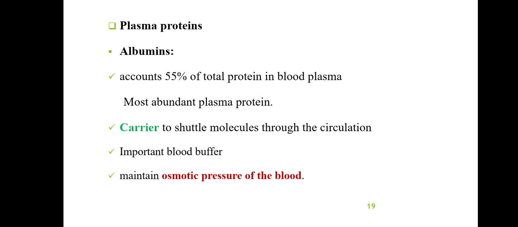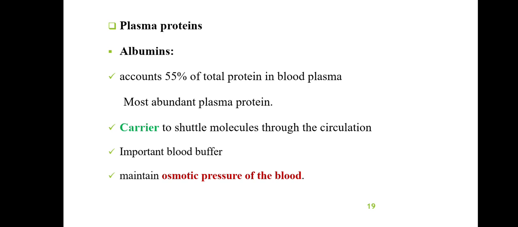Now on the proteins, remember I said proteins are made up of 6 to 8% according to the statistics. And then we said water is made up of 90 to 92%, and solutes are made up of 2%, and then we have other substances, non-protein nitrogenous substances like urea, and some respiratory gases like carbon dioxide and oxygen.